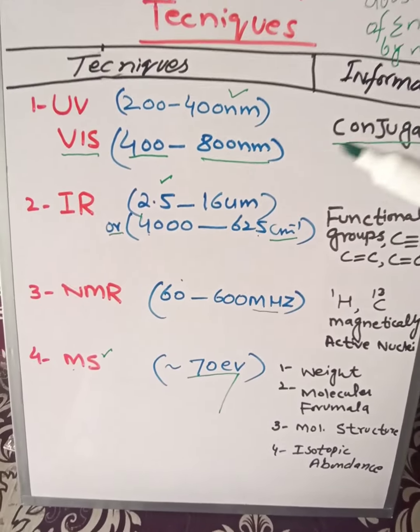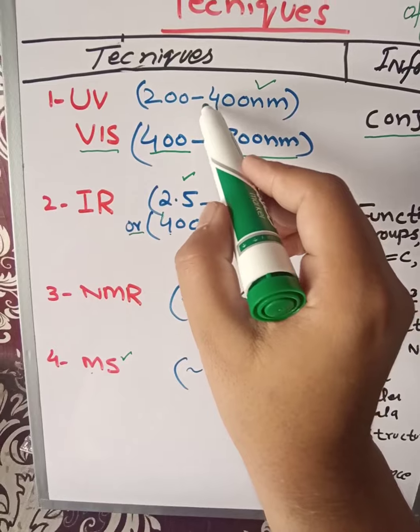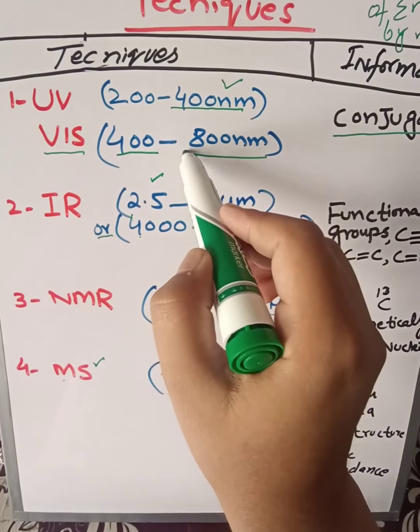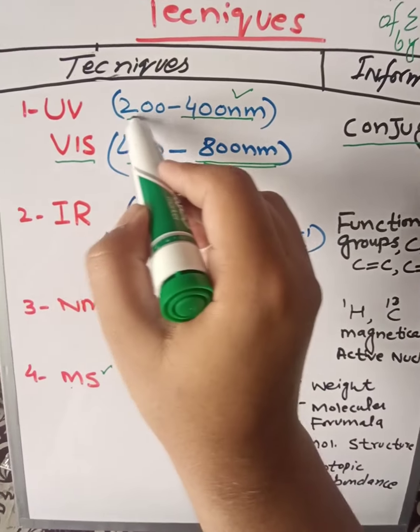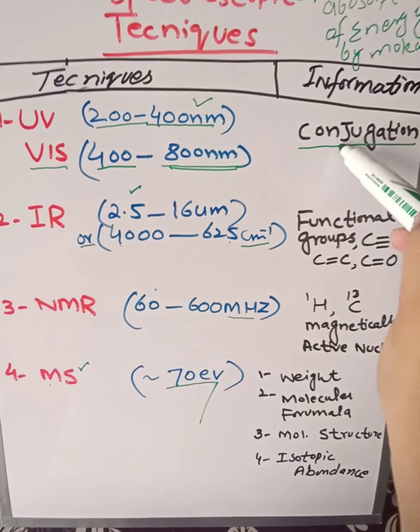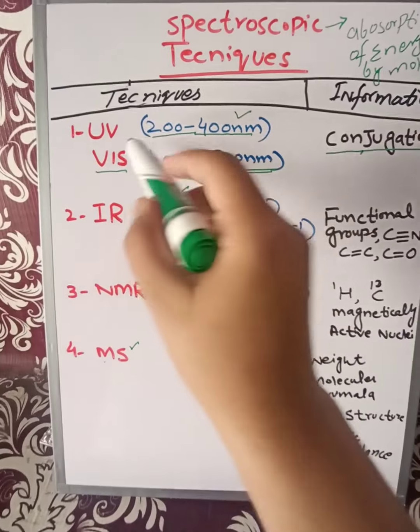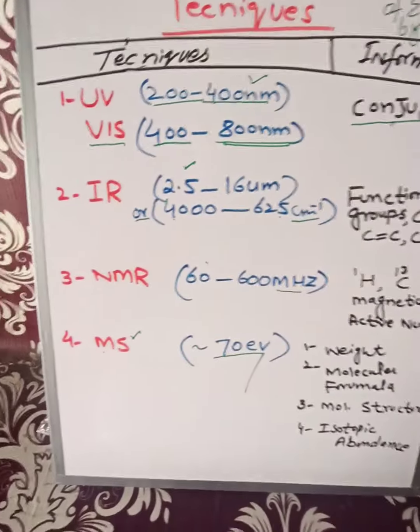For example, if a molecule absorbs energy of 400 nanometers, or 800 nanometers, or 200 nanometers, the extent of conjugation we will get using the UV visible technique.